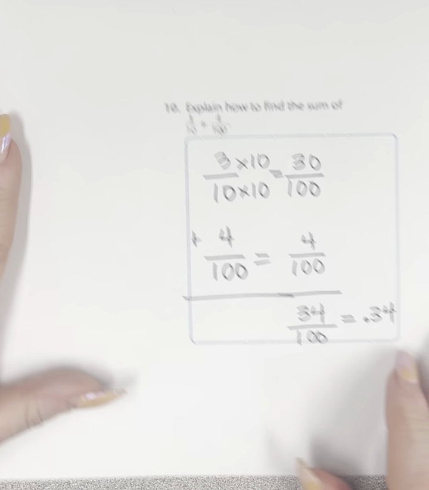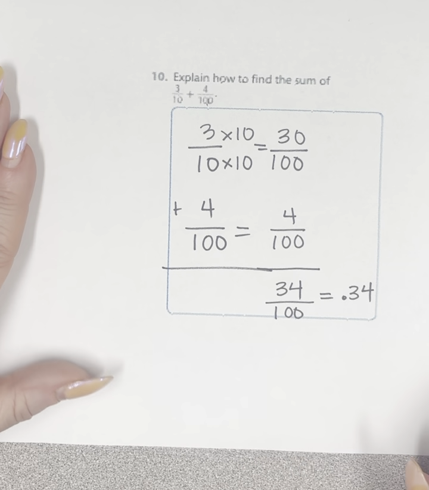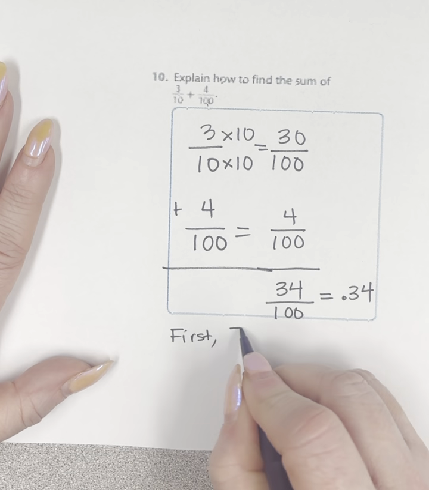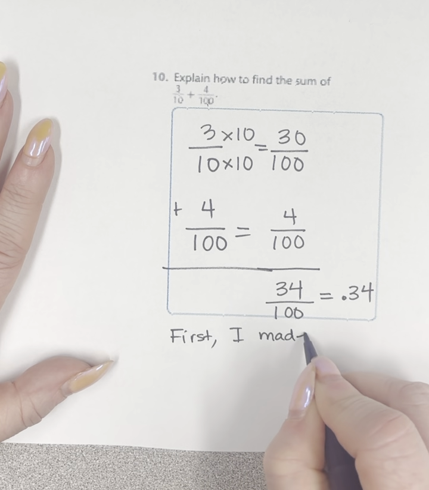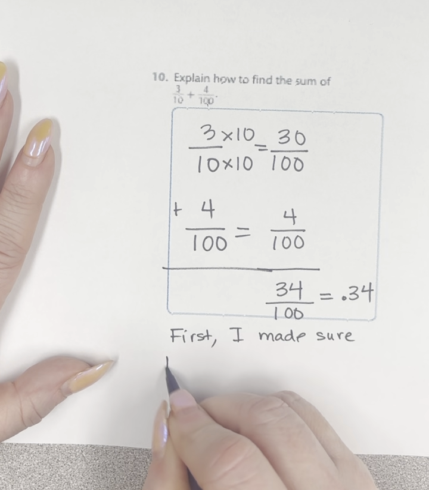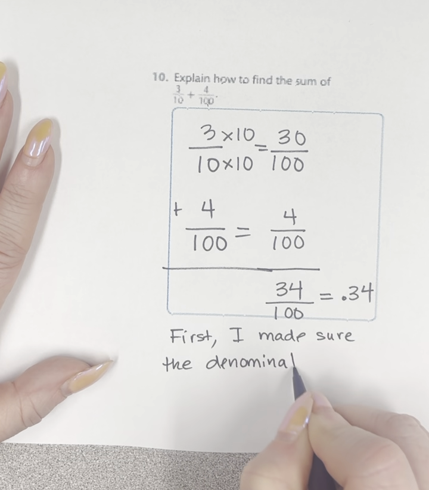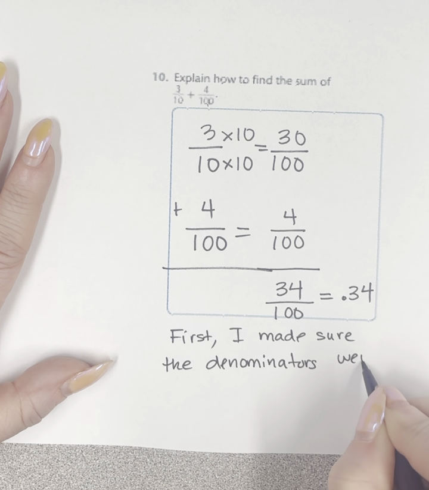So how do I explain this? Just tell me step by step what you did. First, I made sure the denominators were the same.